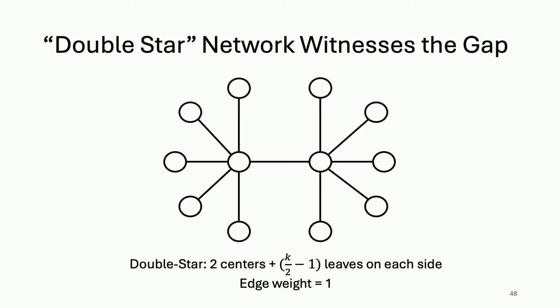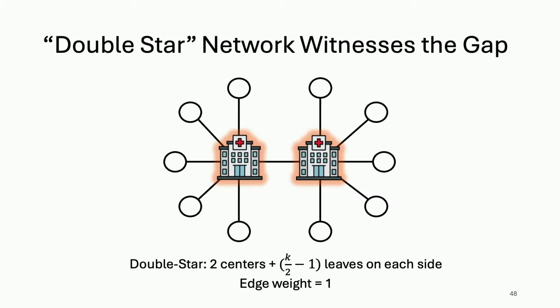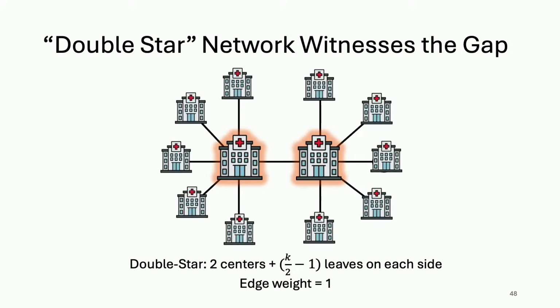So this gap of k can be observed in a very simple structure called a double star network. In this network, there are two centers that can represent some very powerful agents, such that if they did their work, their effort can help half of the leaf agents connected to them.